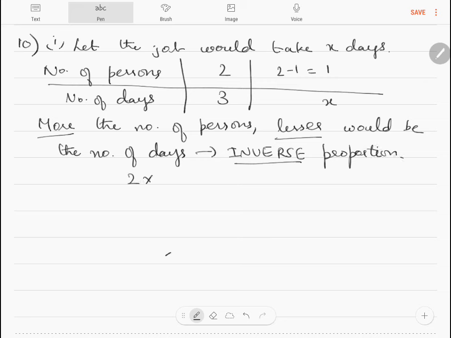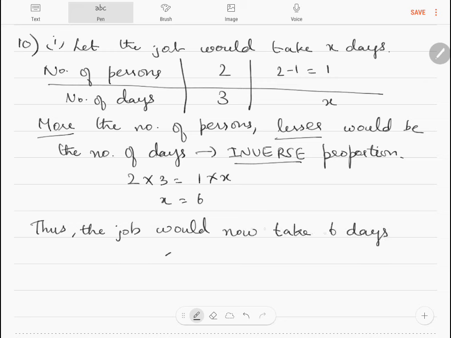So here 2 into 3 is 1 into X. So X is equal to 6. Thus the job would now take 6 days.